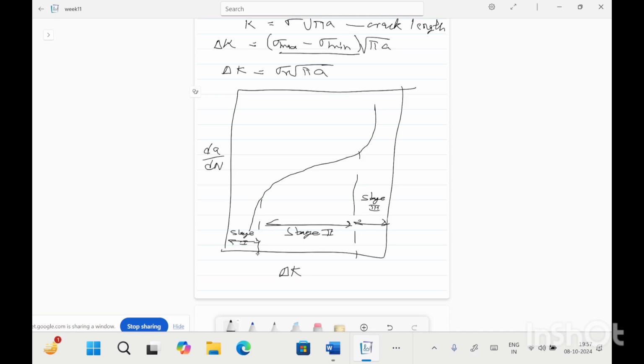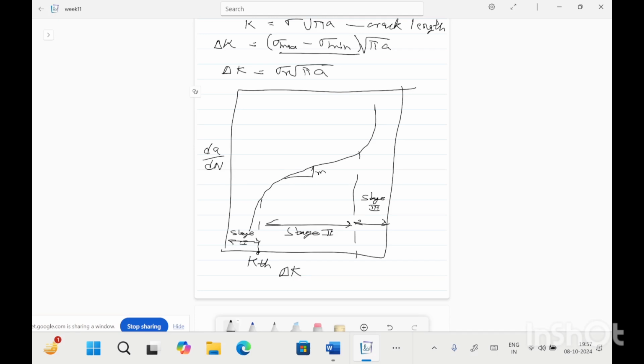The value corresponding to the end of stage 1 is written as the threshold stress intensity factor, below which no cracks will propagate for an infinite number of cycles, leading to an almost straight line in stage 2 crack growth.